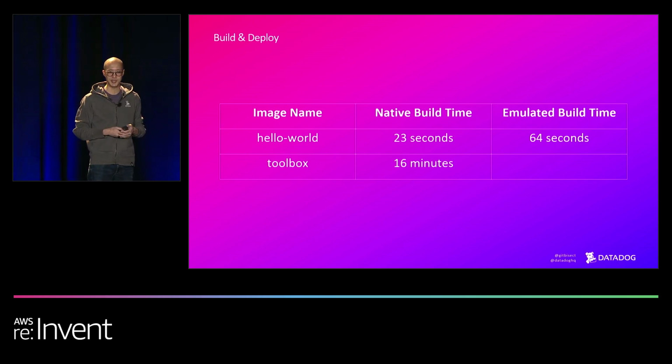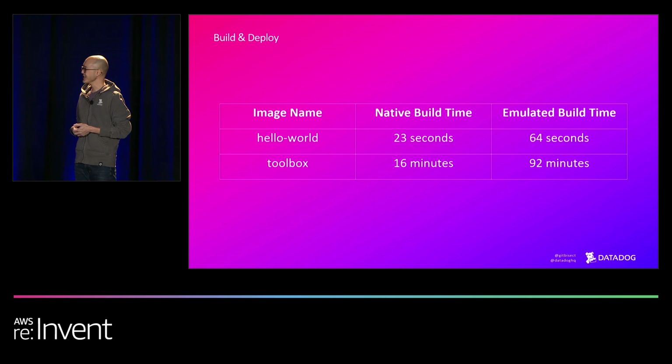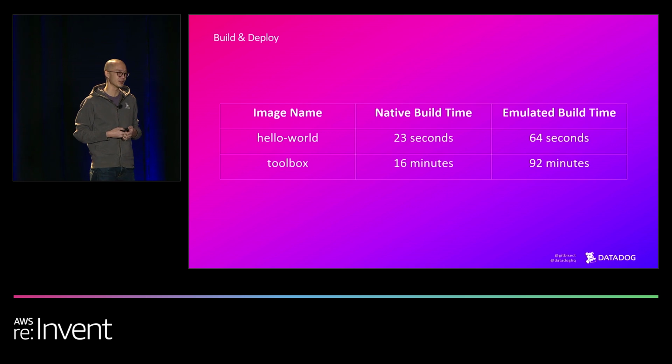That's not great, but let's actually run this, and oh my God, 1.5 hours. So emulation, not a viable option here. You might have different experiences, but generally, I would say emulation is not the way to build your multi-arch images.